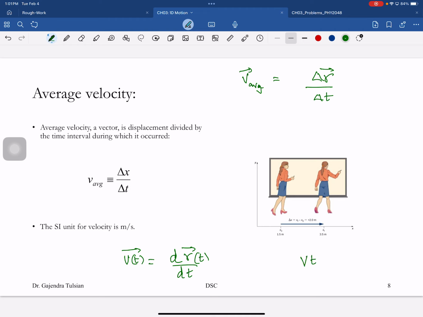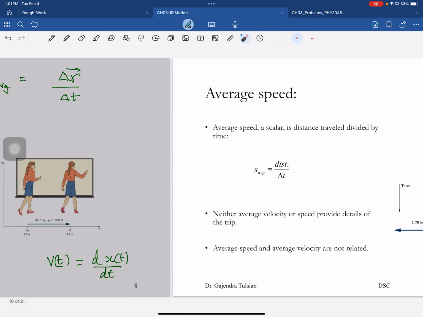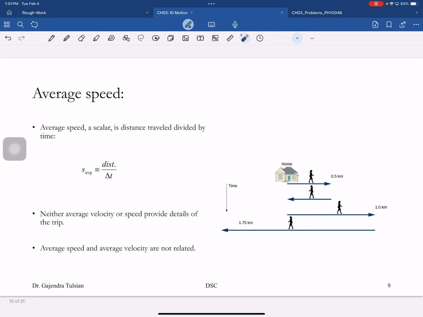In this chapter, since we are dealing with one-dimensional motion, there is your velocity. Okay. So here's the average velocity, displacement divided by time. Okay. Average speed, which is a scalar, is distance traveled divided by time.